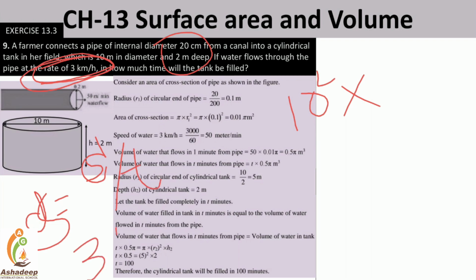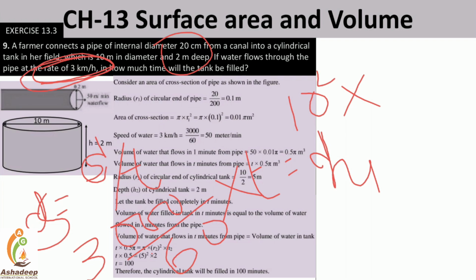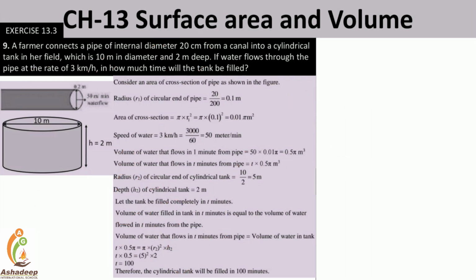It is 3 kilometers per hour, so it is 3000 divided by 60, multiplied by time t, equals distance. Now the distance is going to be the H1 here, and we need to write that in this question. See here, the speed is 50 meters per minute, so we converted it.